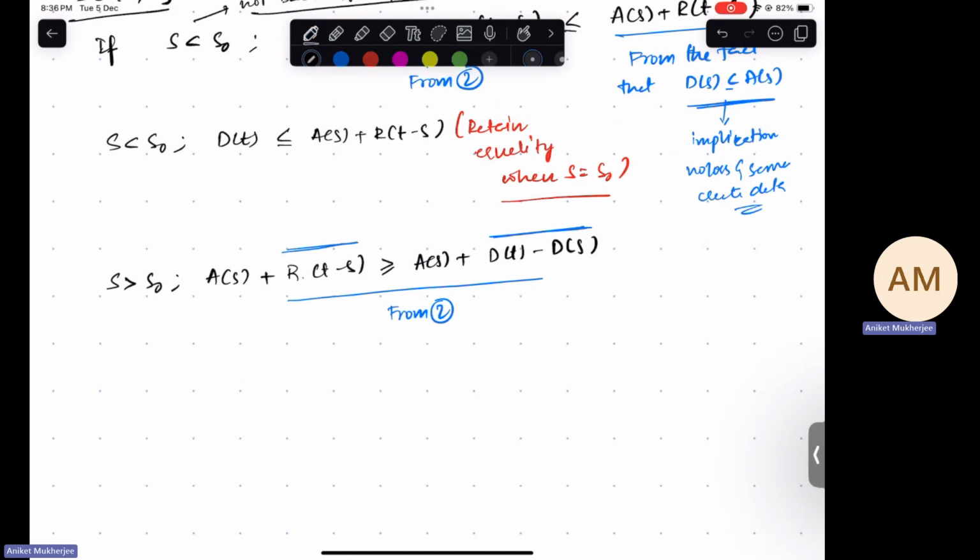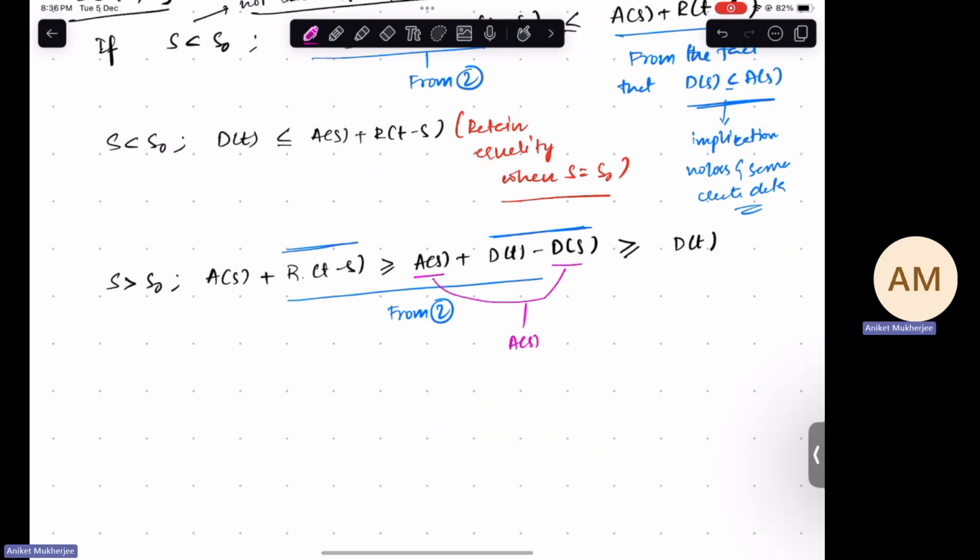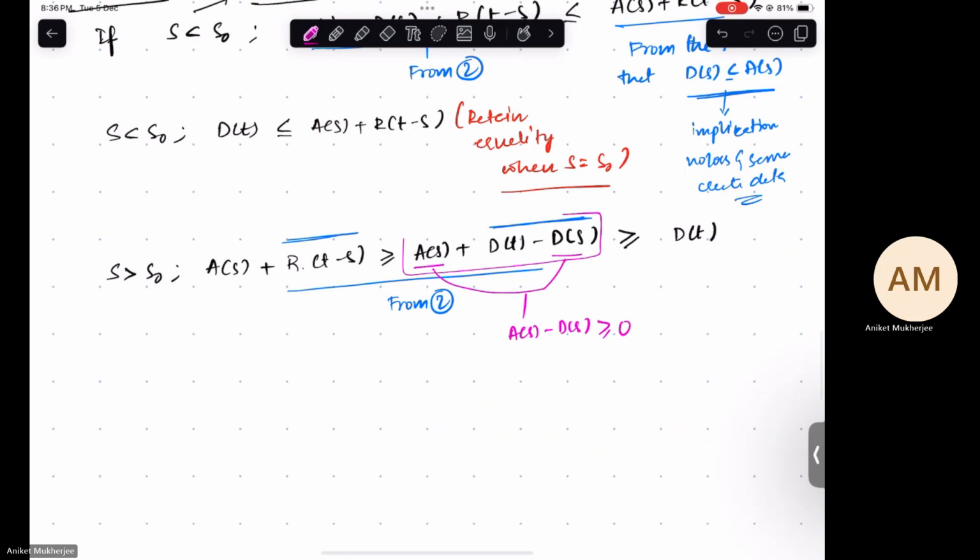Next, this is greater than or equal to d(t). Why is it greater than or equal to d(t)? Because A(s) minus d(s) is always greater than or equal to 0, right? So you are adding a positive term to d(t). So this whole term would always be greater than d(t). That makes sense.